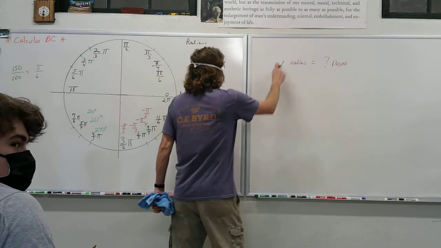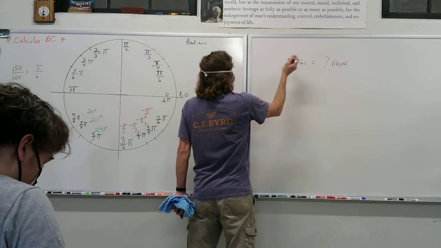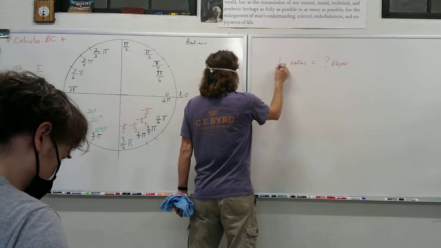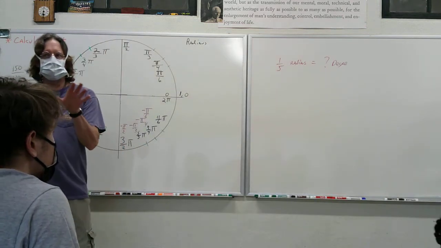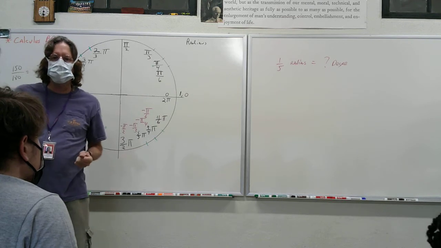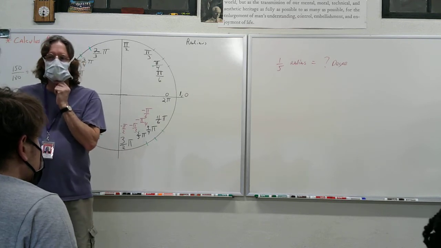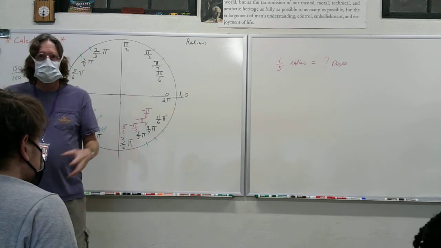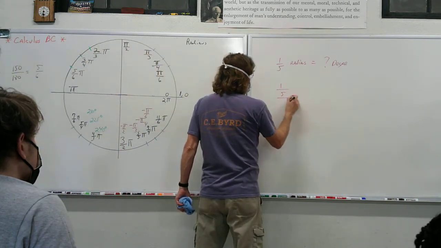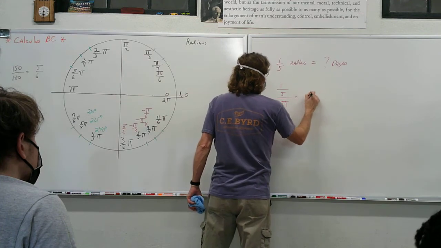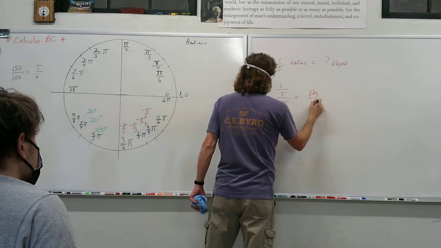Okay, radians. I have 1/5 radians. Notice it does not have a pi after it though, because I've already told you radians really don't have to have that pi out there, do they? Remember that? Said that, right? So when you use the formula, you're going to get 1/5 over pi equals degrees over 180.